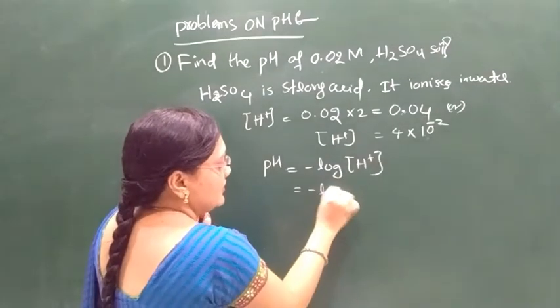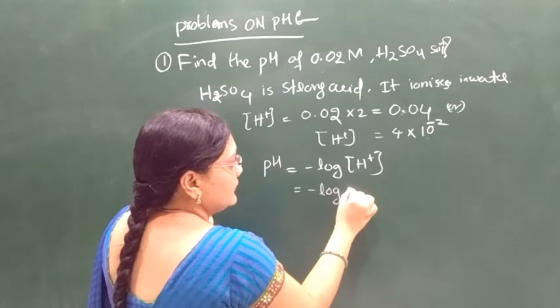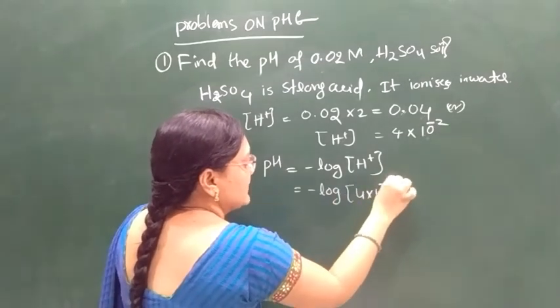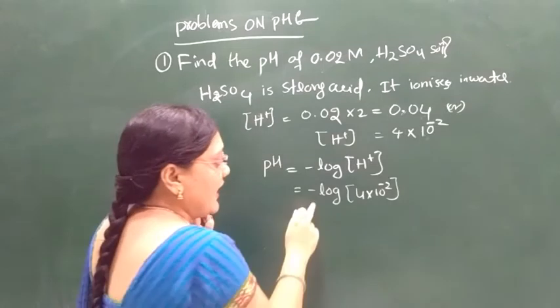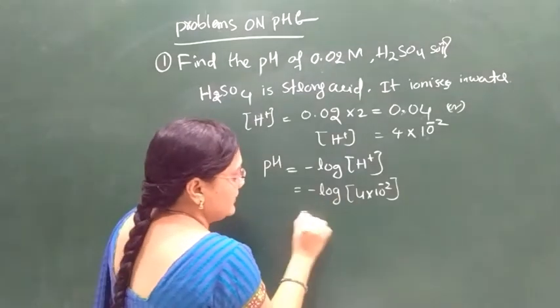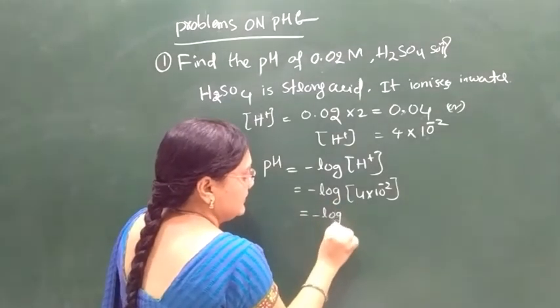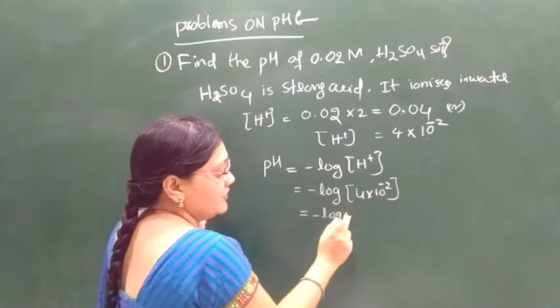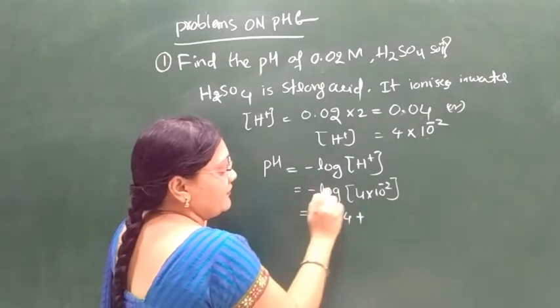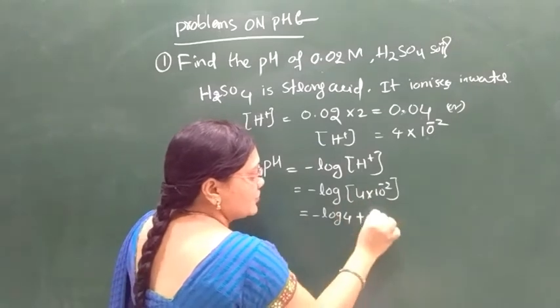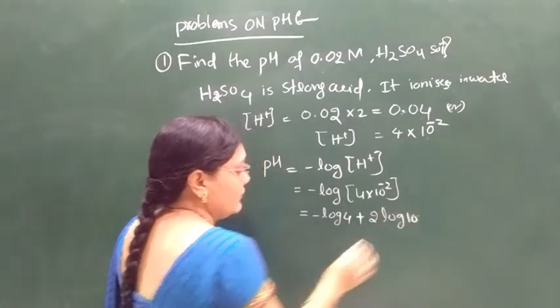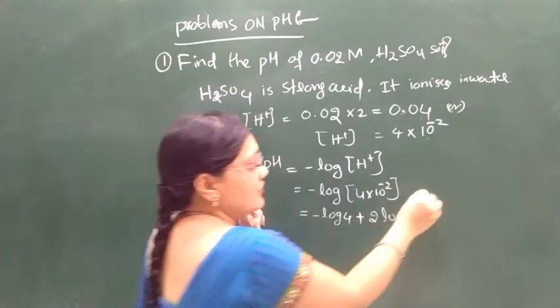Minus log of 4 into 10 to the power of minus 2 equals minus log 4, and minus into minus gives plus 2 log 10.